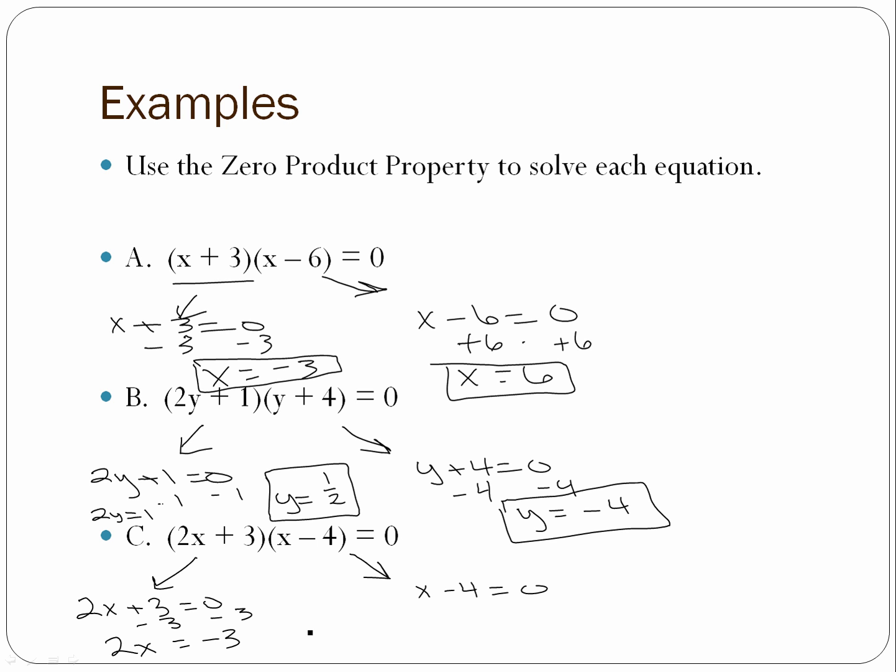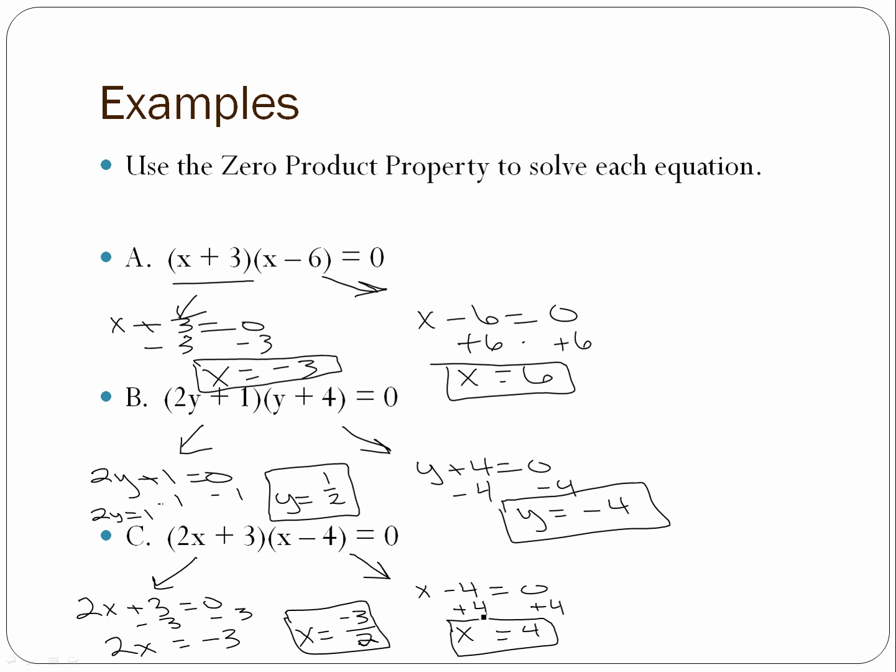Divide by 2 to finish it off, and we will have x equals negative 3 over 2. For our second answer, looks like I'm going to add 4 to both sides, jumping ahead just a little bit, and x will equal 4. So my two answers on this example are negative 3 over 2 and positive 4.